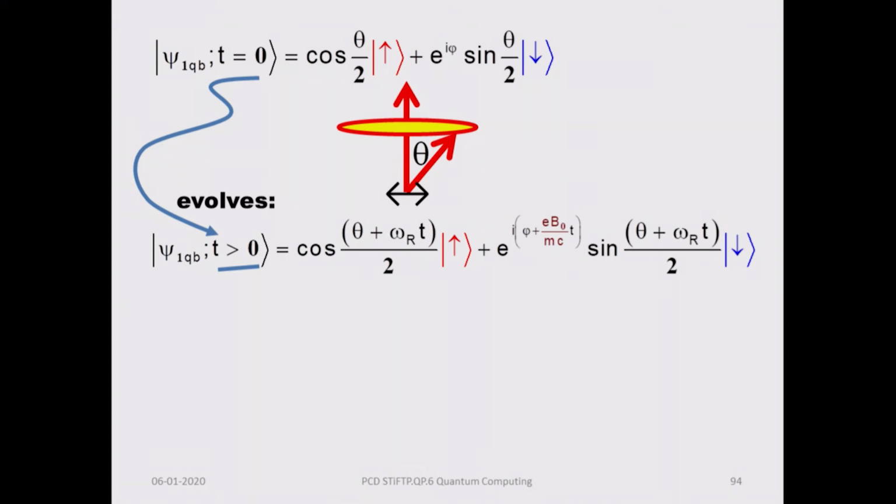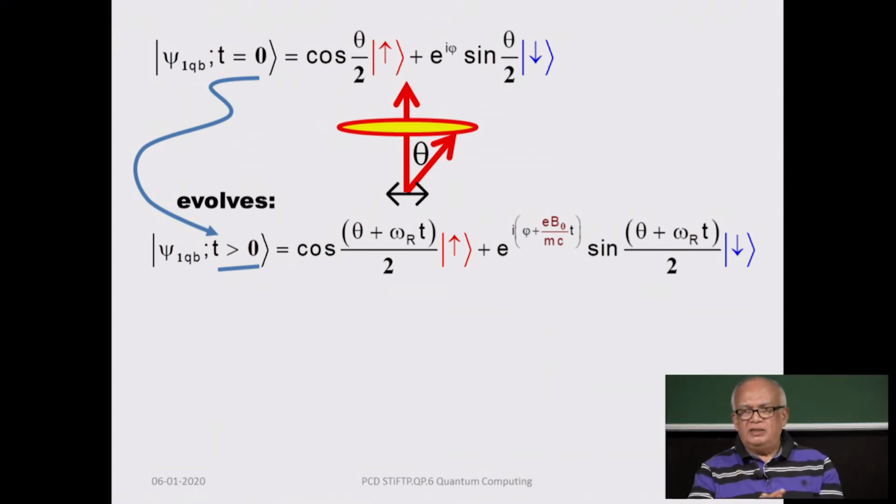So, you have got the time evolution. You start with time t equal to 0 when you have the quantum bit, the manner in which we described them as points on the Bloch sphere, but that quantum bit will now evolve with time because of these two simultaneous interactions.